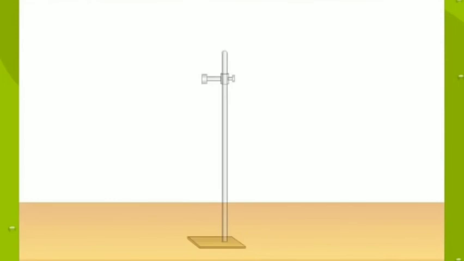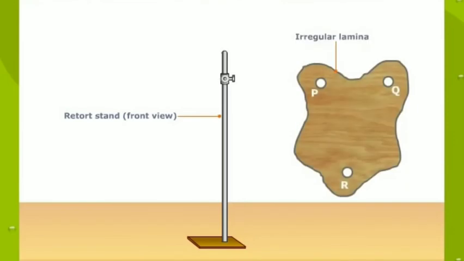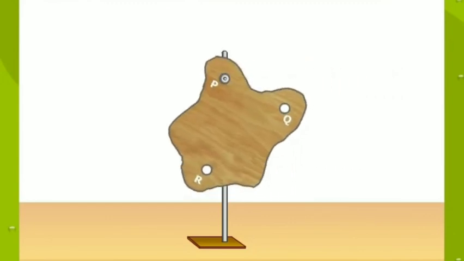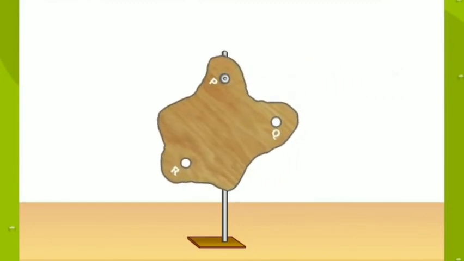Let us now determine the center of gravity of an irregularly shaped lamina using a plumb line. Make 3 holes near the edge of the lamina so that the lamina can swing freely when pivoted from each hole. Suspend the lamina from the point P as shown here.